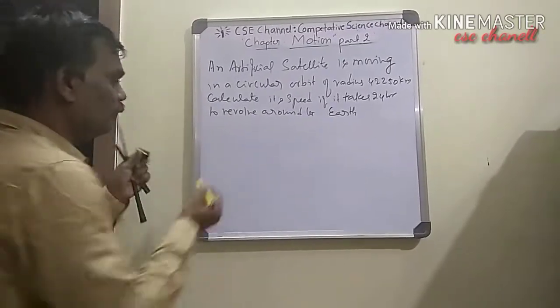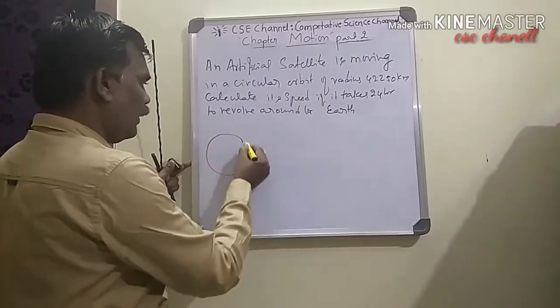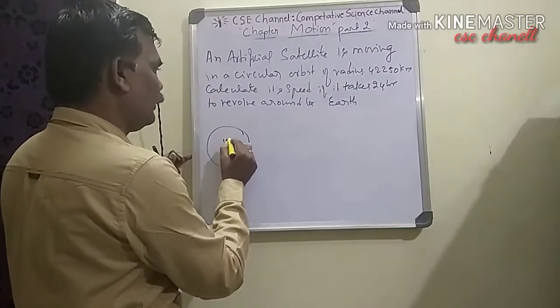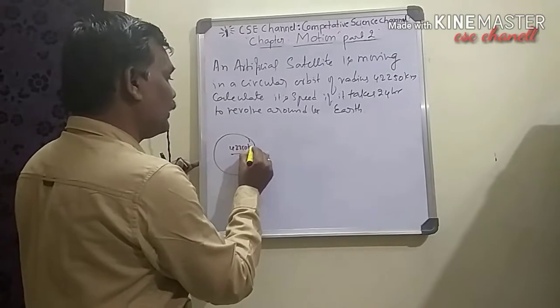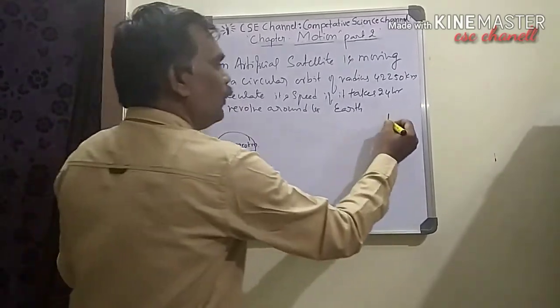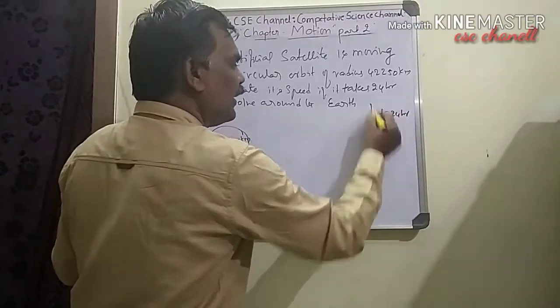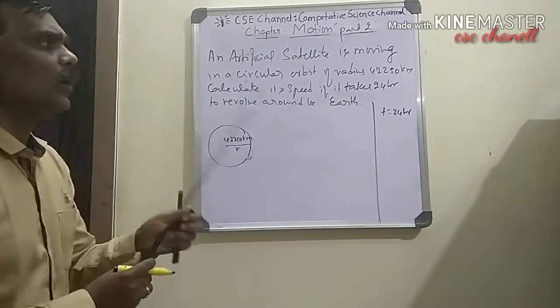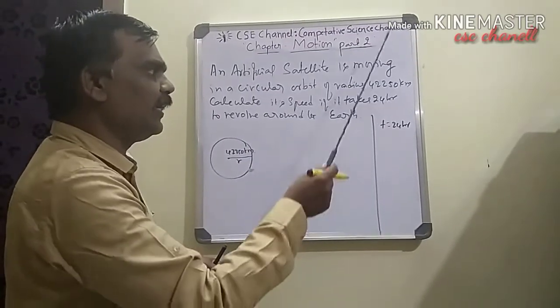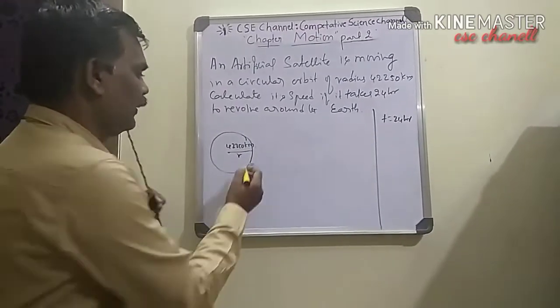Here the radius of the circle is given, that is 42,250 kilometer, and it takes time 24 hours. So there is no conversion needed for time and distance because you can calculate in kilometer per hour only.